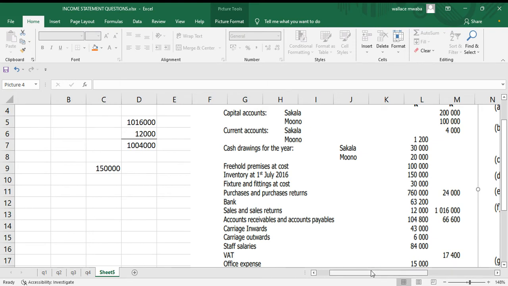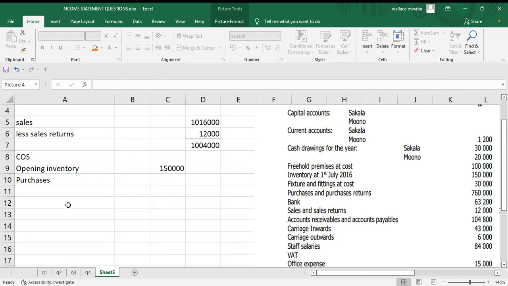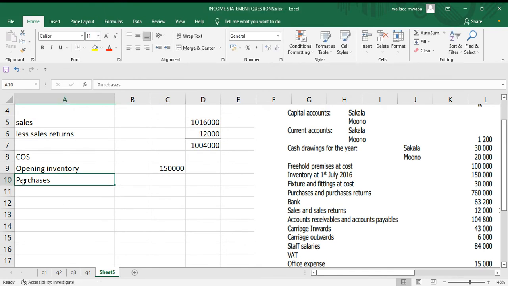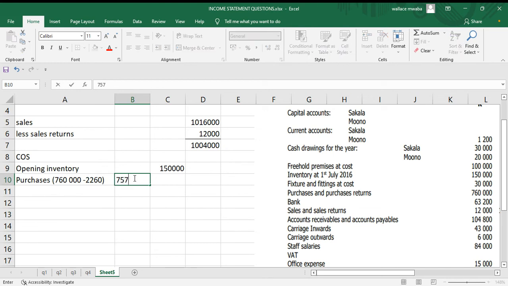We get this figure on the debit side for purchases. So we're going to say purchases, 760,000 minus 2,260, right? We're going to get 757,740.